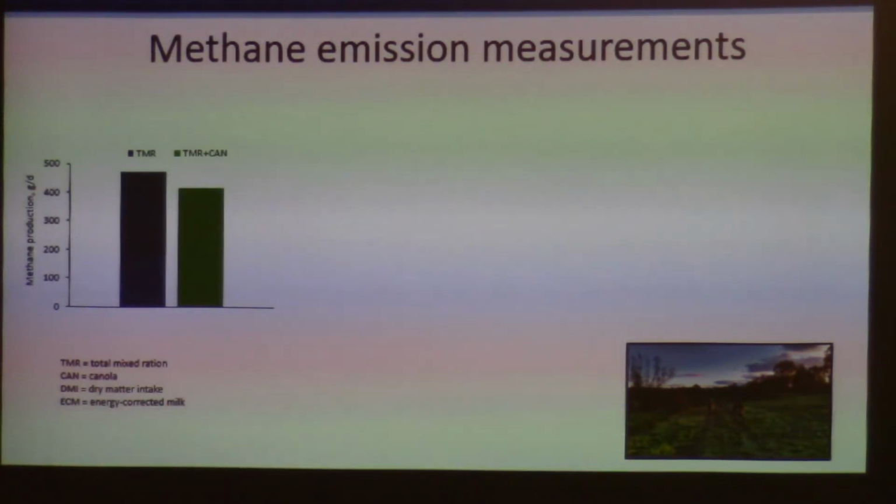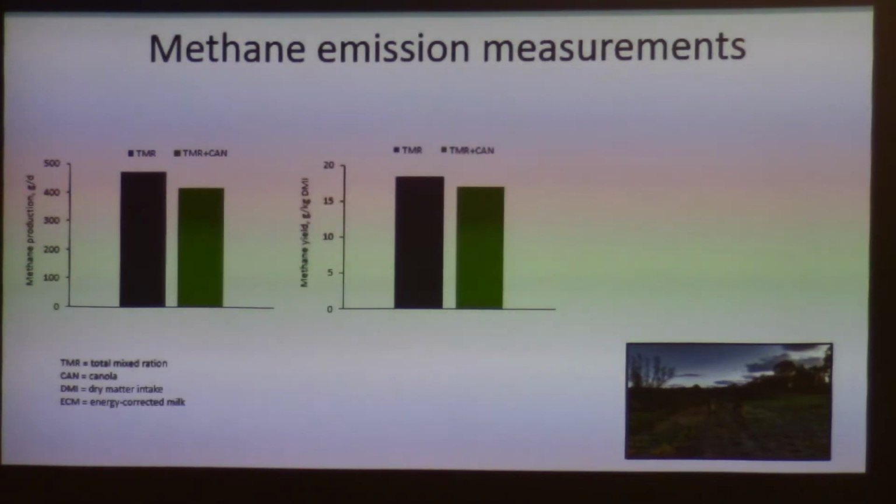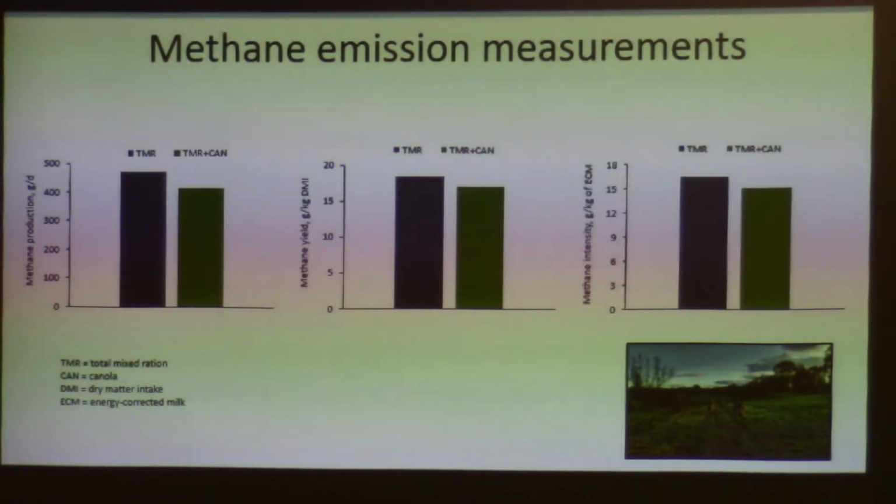We don't have that data yet, but it doesn't matter how you show this data, whether on a production basis or in grams per kilo of dry matter intake, it dropped as well. So the lower, the better. It indicates that overall it's a more efficient system. Also, in terms of methane per unit of milk or energy-corrected milk, which is called methane intensity, it also dropped.